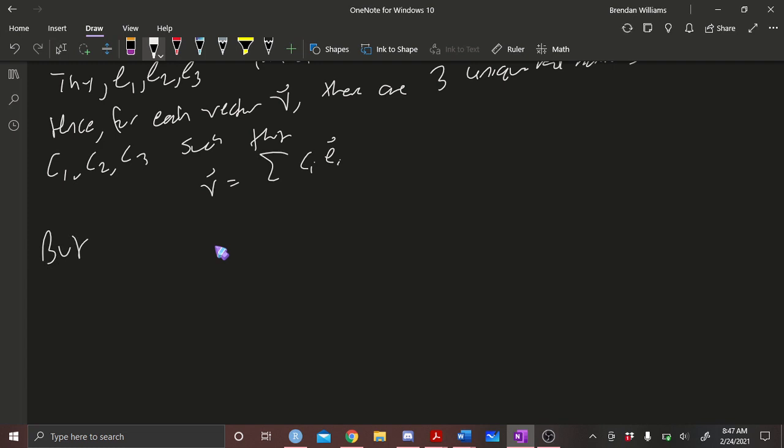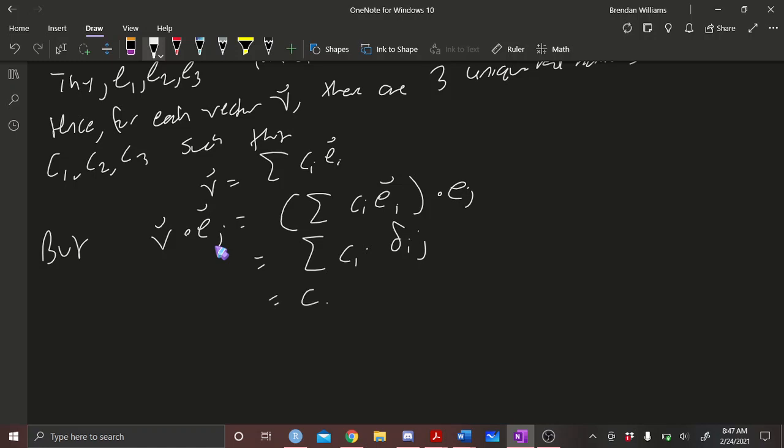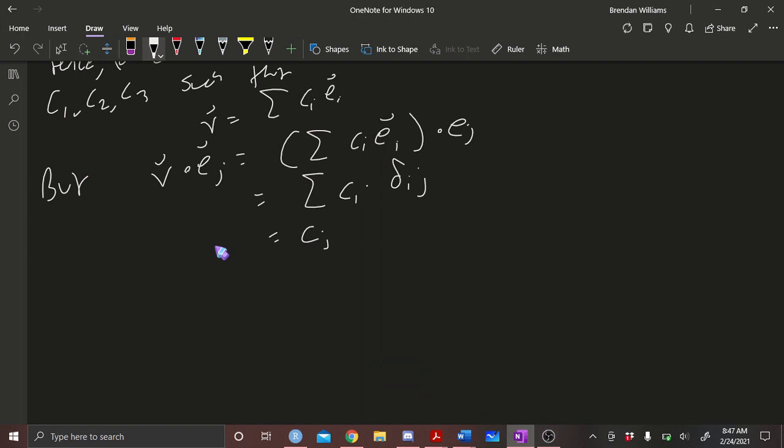But then we can write v dotted with e sub j is equal to sum c sub i e sub i dotted with e sub j, which is equal to sum c sub i delta ij, which is equal to c sub j. So then we can write that v is equal to sum v dotted with e sub i times e sub i.